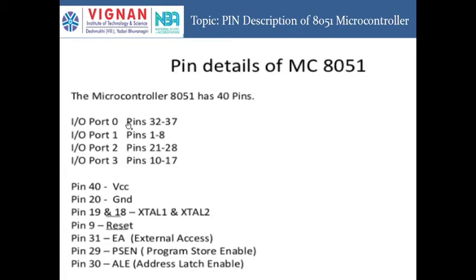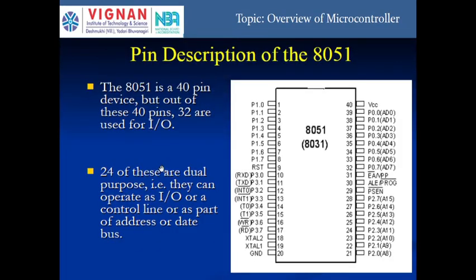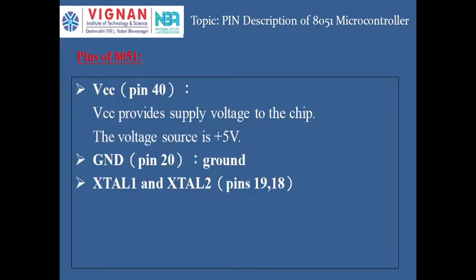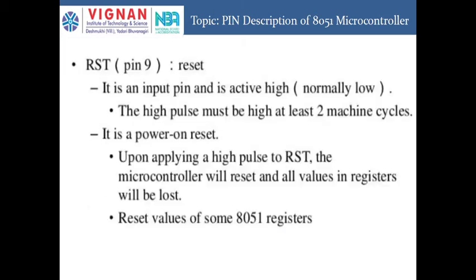Those are port 0 pins, that is pins 32 to 39, port 1 pins 1 to 8, port 2 pins 21 to 28, port 3 pins 10 to 17, and pin 40 is for VCC, pin 20 is ground. So like that, we have already discussed each and every pin of the 8051 microcontroller.